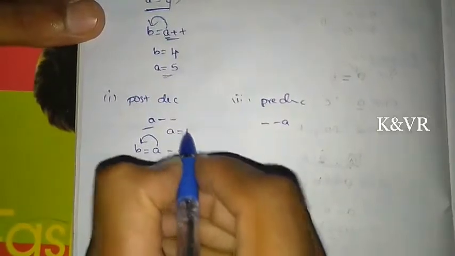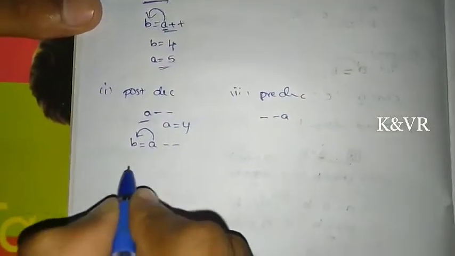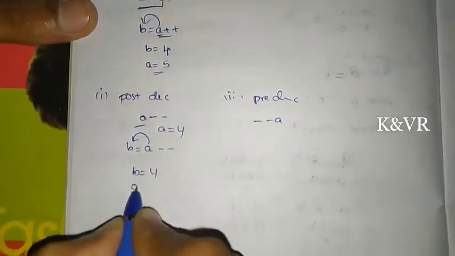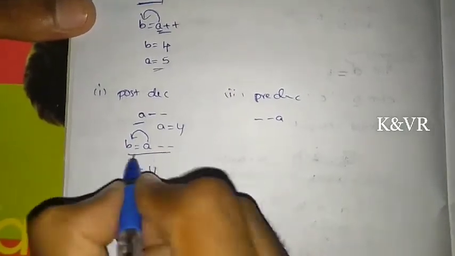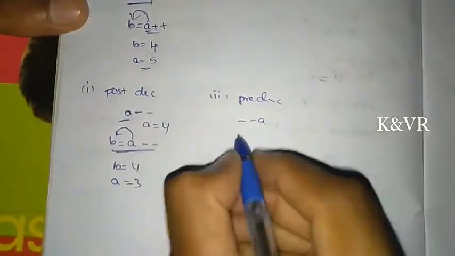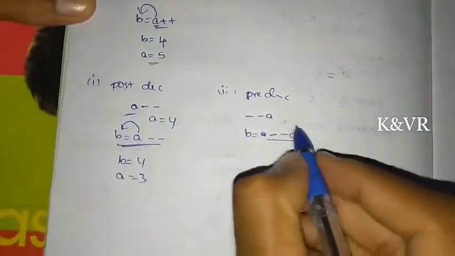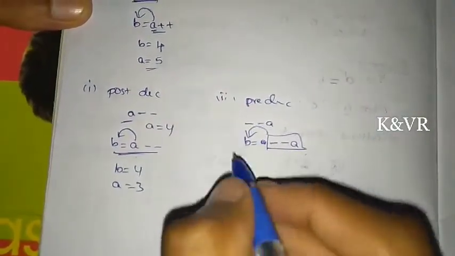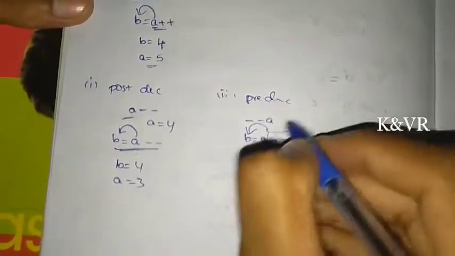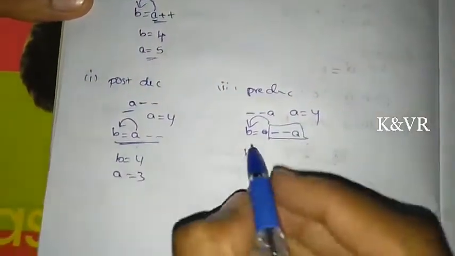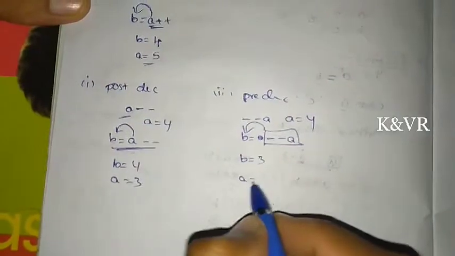Suppose the value of a is 4, the value of b will be 4 and a will be 3 after execution of the statement. Similarly, if we do minus minus a, first the decrement occurs and later the value of a will be assigned to b. So if we take a as 4, b will be 3 and a also will be 3.